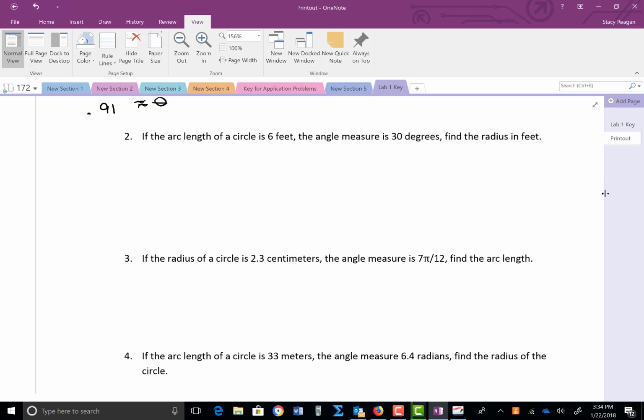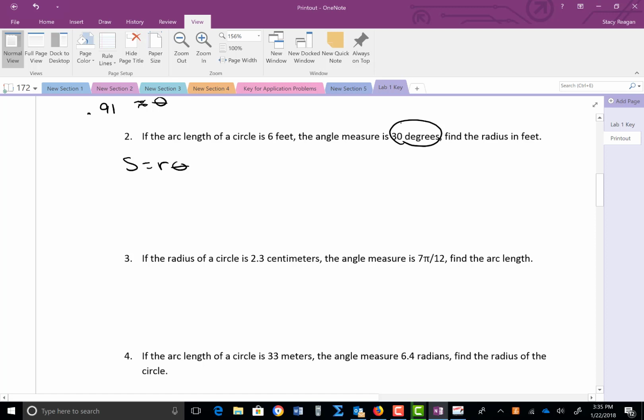Okay, number 2. If the arc length of a circle is 6 feet, the angle measure is 30 degrees, find the radius in feet. So again, here's our formula. And remember that theta is in radians. In our problem, they give it to us in degrees. And you can do a conversion, or you can look at your unit circle, but 30 degrees is pi over 6 radians.